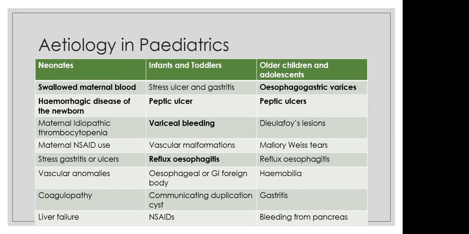Coagulopathy, as well as stress gastritis or ulcers, might also be more common in neonates. And then in infants and toddlers, peptic ulcer, variceal bleeding, and reflux esophagitis. And then in older children, it's very similar to what we find in adults.